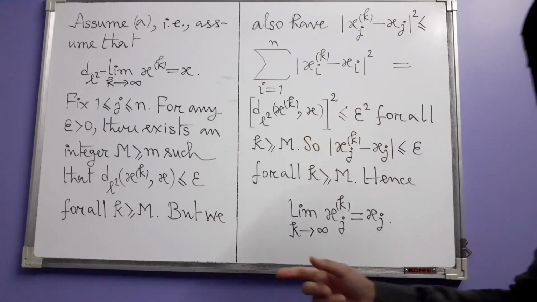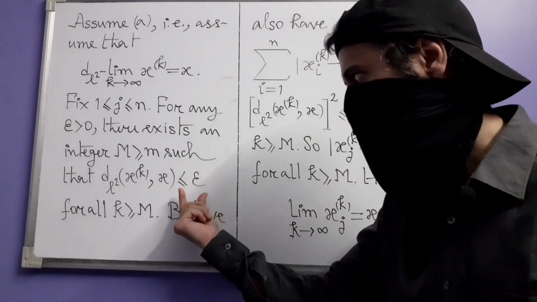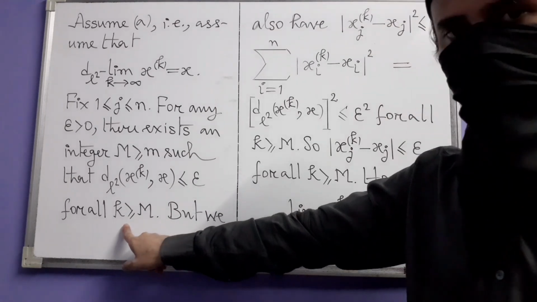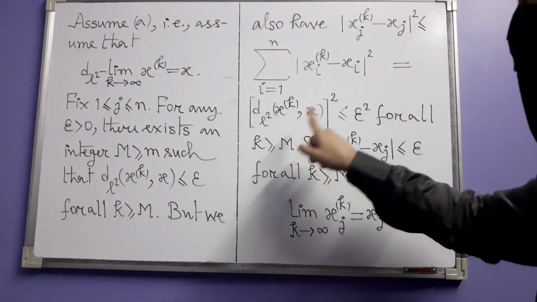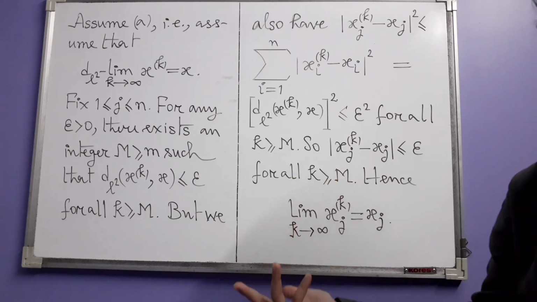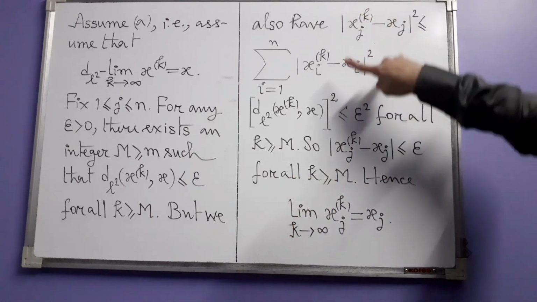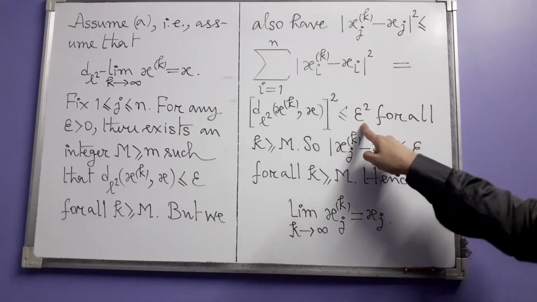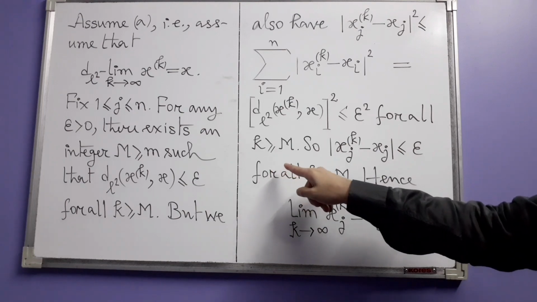But already this is less than or equal to epsilon for this type of case. So this square would be less than or equal to epsilon square for all k greater than or equal to m.